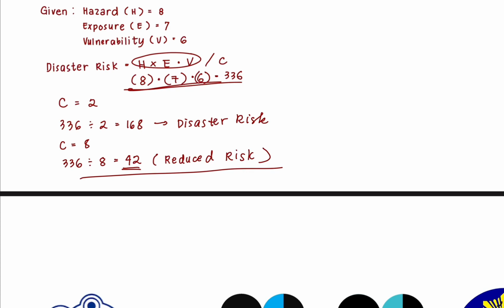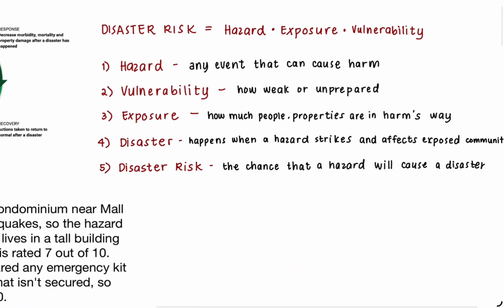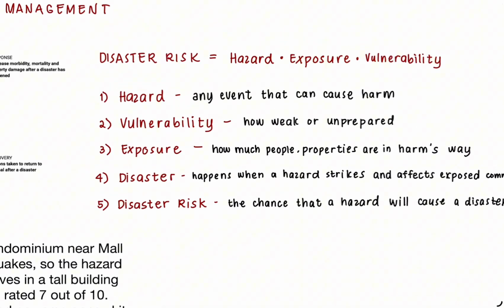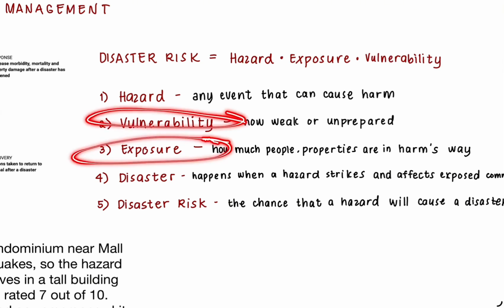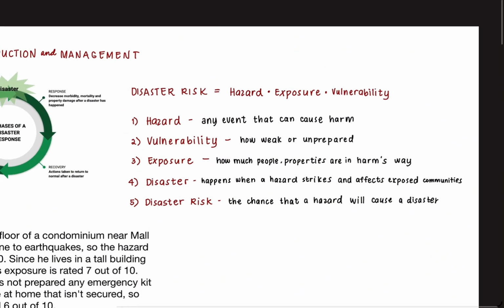So how can we reduce risk? So for hazard, we can improve our abilities to monitor and forecast hazards. For exposure, increase awareness of the hazards faced by communities and their exposure to them. And vulnerability, the greatest benefits can be achieved by reducing the vulnerability to natural hazards.